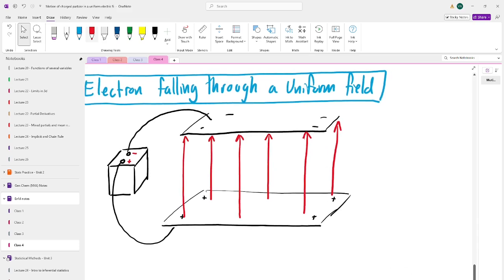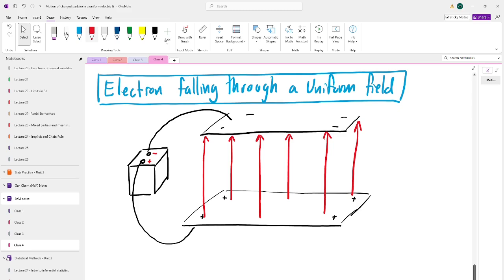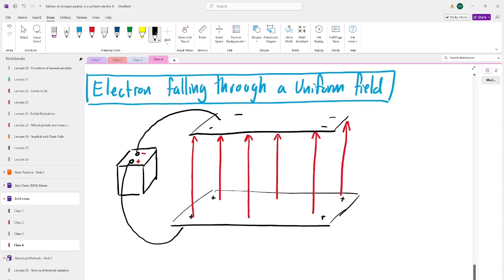Now, if we were to consider the force on an electron traveling through this field, what would that look like? Well, as we know, the field lines represent the direction of the force that a positively charged particle would feel if it were in that E field.